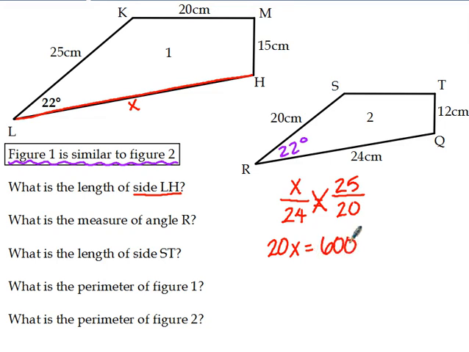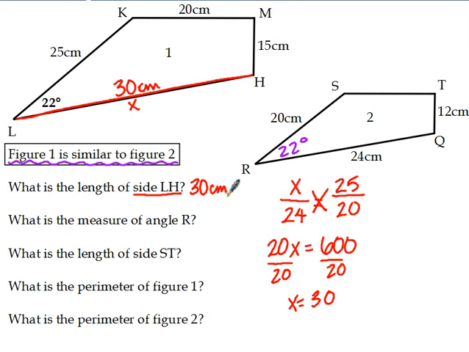So when I divide by 20, I get that x is 30. Okay, so x over here is going to be 30 centimeters. So that's going to be our side LH is 30 centimeters.